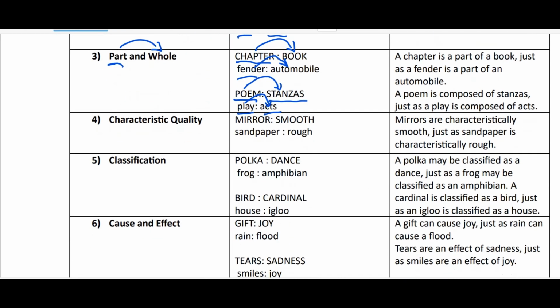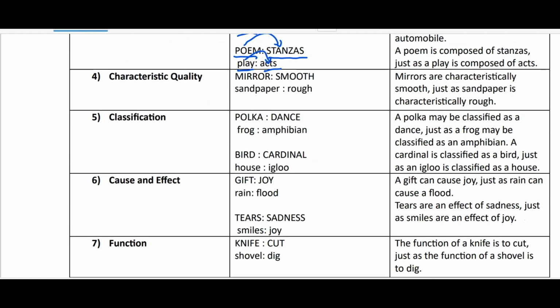We have also characteristic and quality, like mirror is smooth, just like sandpaper is rough. Classification: polka is a dance, as frog is an amphibian.